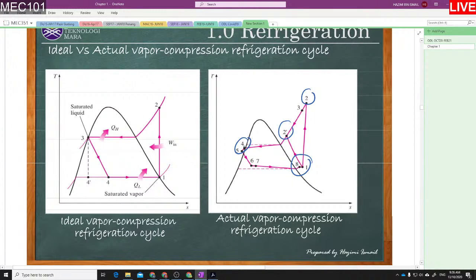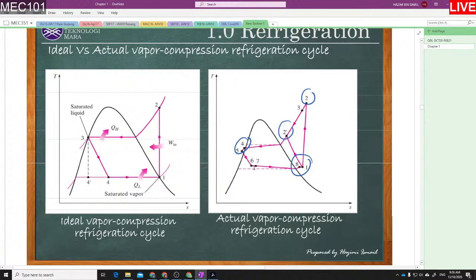Okay. So yang ni pun nampak dia makin menurun pressure dia, line pressure, sebabnya ada pressure drop. So dekat sini pun dia tak cantik dekat saturated. Sepatutnya saturated liquid at state 3, and then in the real life tak ada dah state 3 ni. State 3 is no more. So we have state 4, which is slightly lower pressure than state 2. Dan state 5 pula, dia bukan dah saturated liquid, dia dah jadi subcool dekat sini.